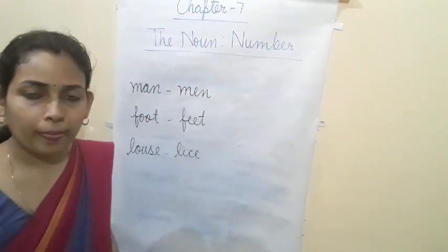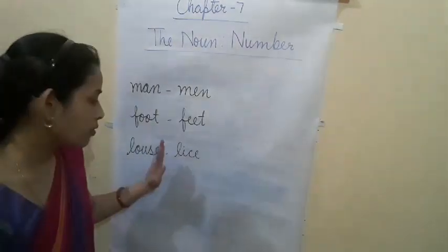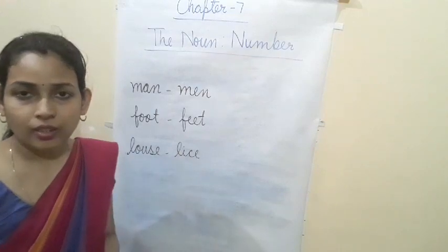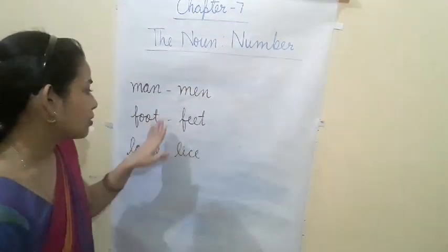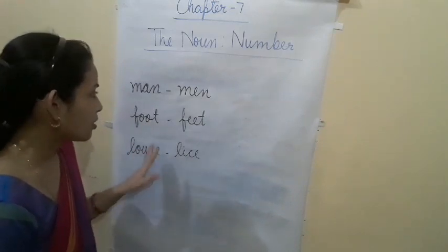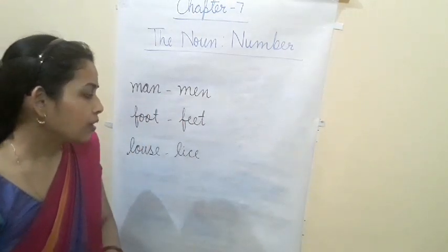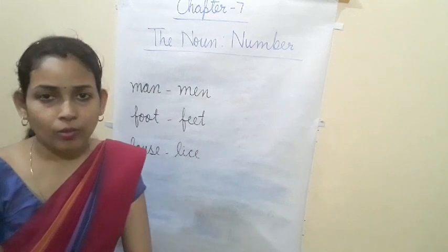Okay, some singular and plural nouns we make like this, as you can see and you know already. Here man, foot, louse. Here we are not adding S, ES or dropping anything.